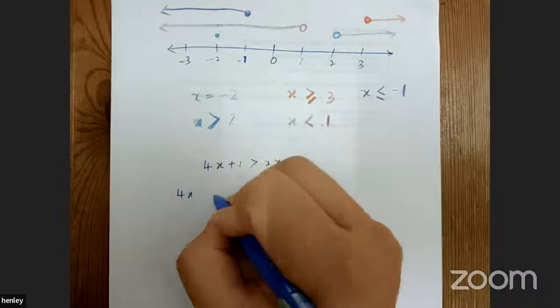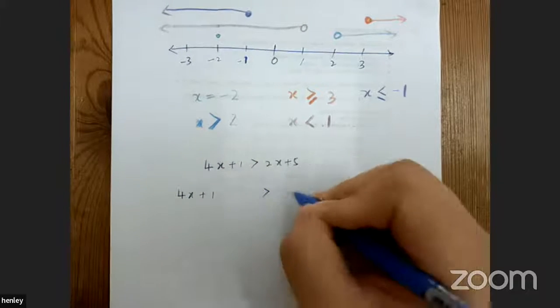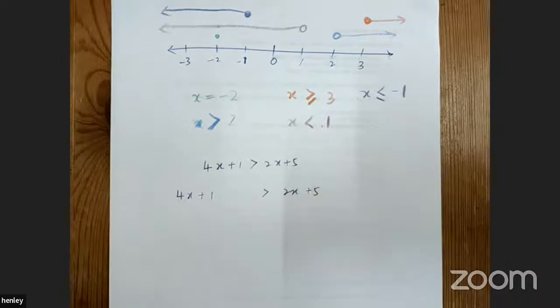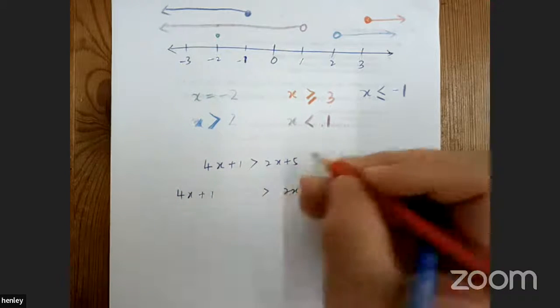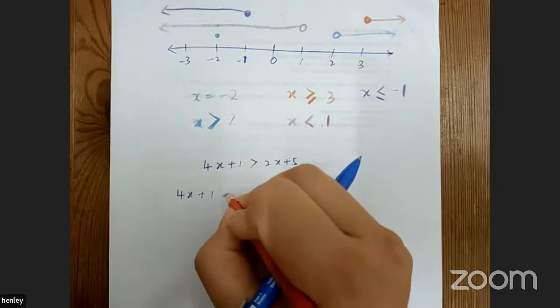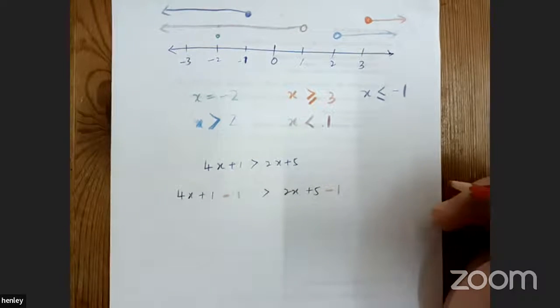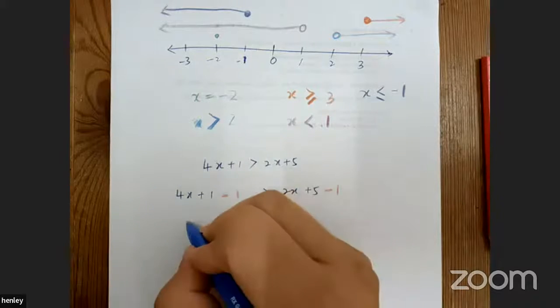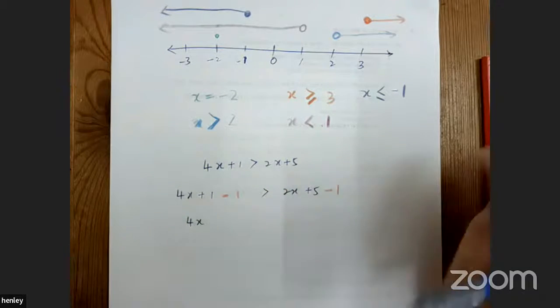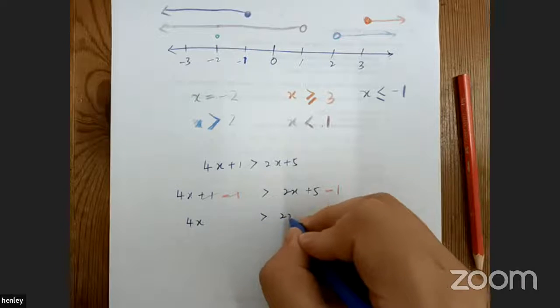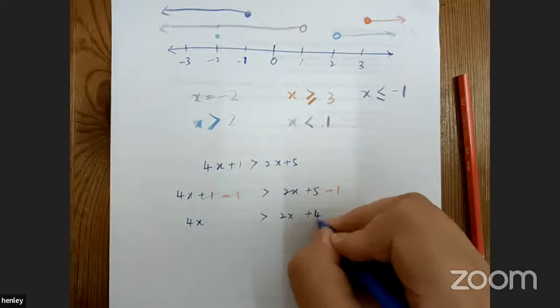Okay, so 4x plus 1, 2x plus 5. So if I do minus 1 here, then I do minus 1 here. So it will become 4x, this one no more, is 2x plus 4.